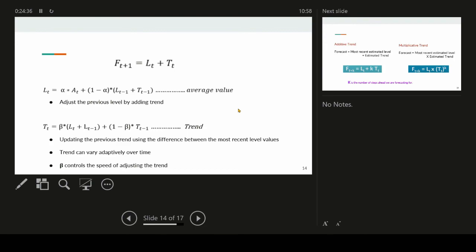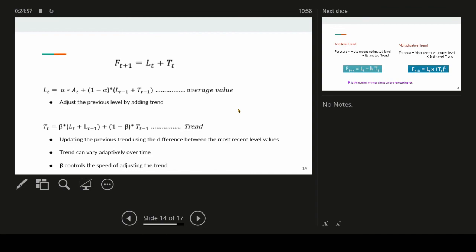When it comes to the trend, how we are updating the trend is like this. Here we will be adding one more constant, that is beta. Beta into the level of the current one minus the level of the previous one, multiplied with beta, plus 1 minus beta into the trend of the previous one.